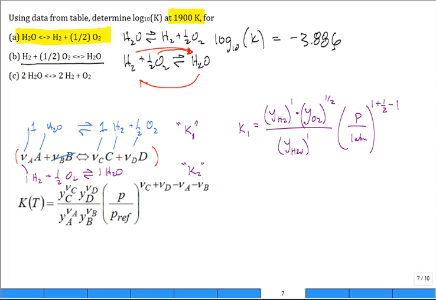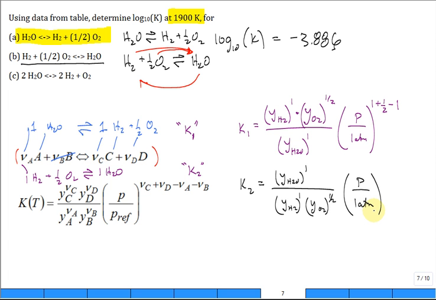Okay, let's take a look at K2. Is it going to be y sub H2O to the 1 power divided by y of H2 to the 1 power, y of O2 to the 1/2 power, and then you have P over 1 atm to the 1 minus 1 minus 1/2.